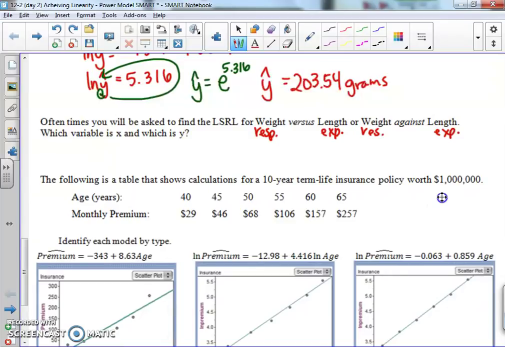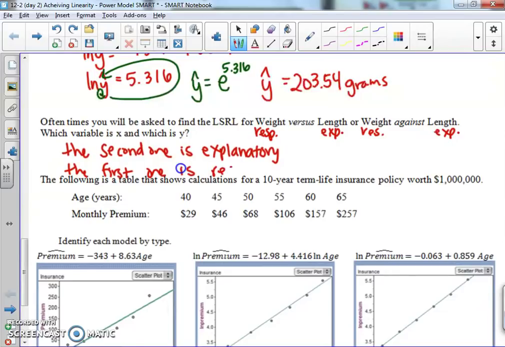Because sometimes they don't come right out and say which one's the explanatory and which one's the response. So just know that when they say it like that, the second one is the explanatory, and then the first one that they list is usually the response. Okay, so it's kind of important to understand that wording.